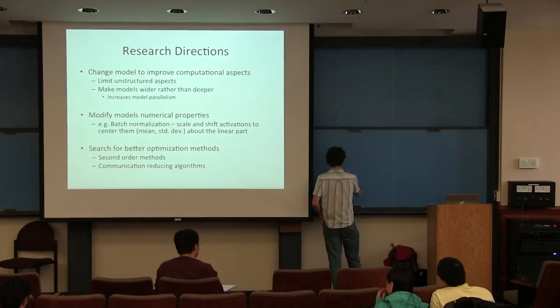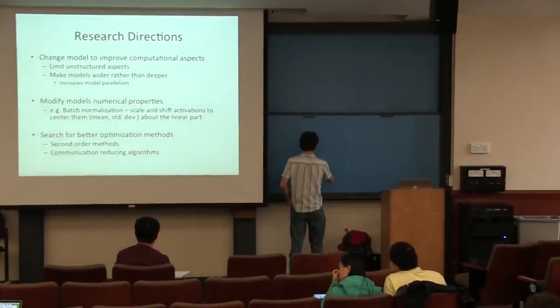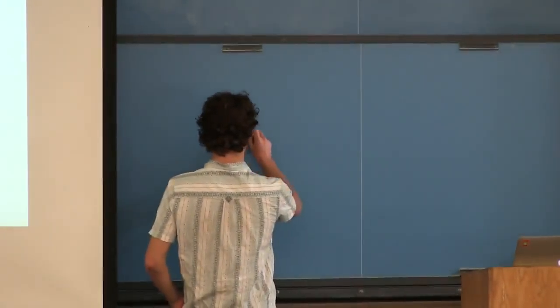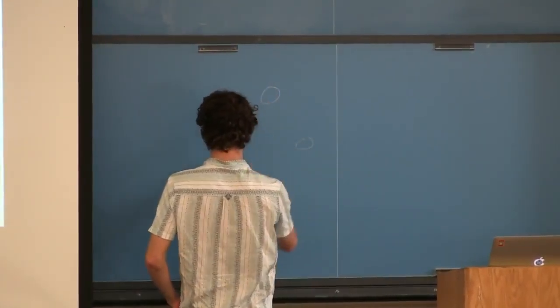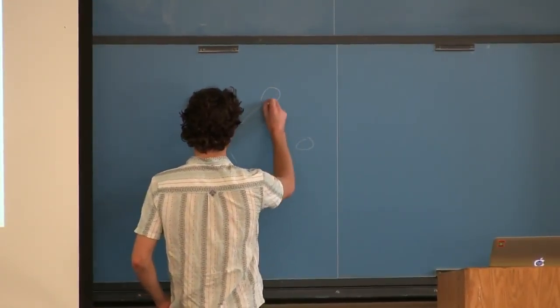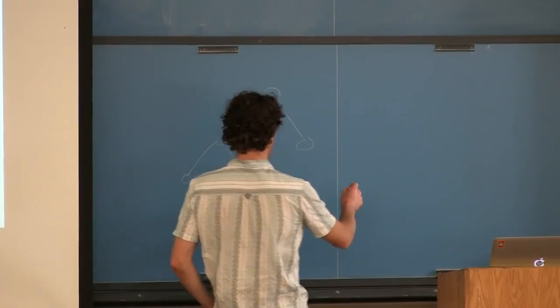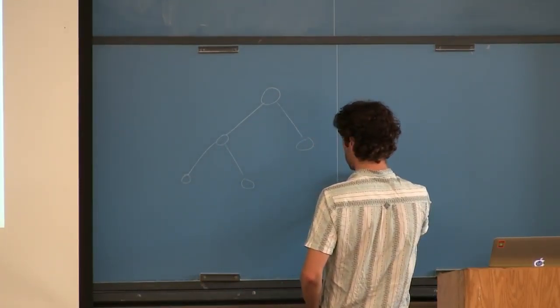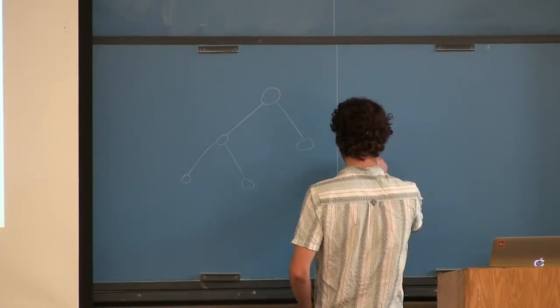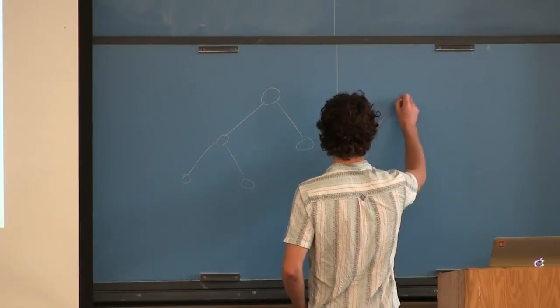Okay, so if we were to have a graph that looks something like this, and something that looks more, let's say for example, let's just make it one-sided like this.